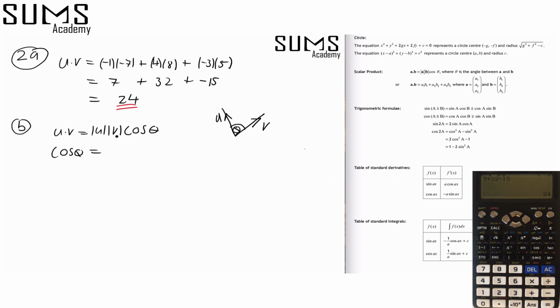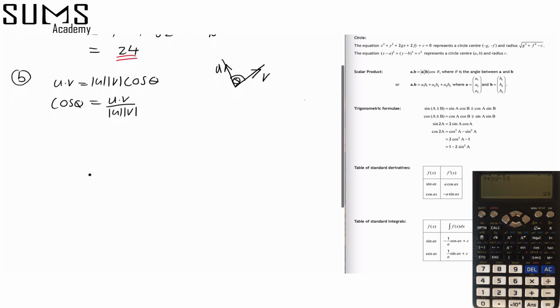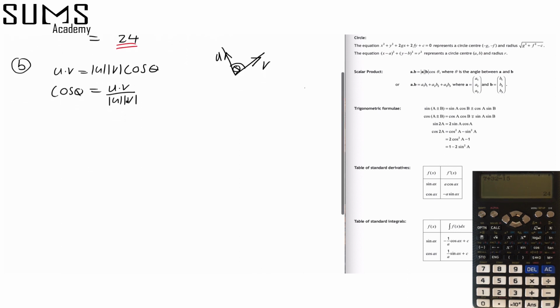We're just going to rearrange it, and move the magnitudes to underneath the dot product, and then we get cos theta equals u dot v all over the magnitude of u times the magnitude of v. Right, so what I need to do now is calculate the magnitudes of u and v.